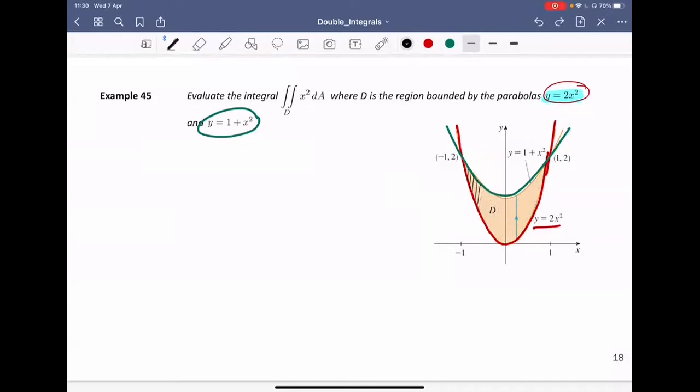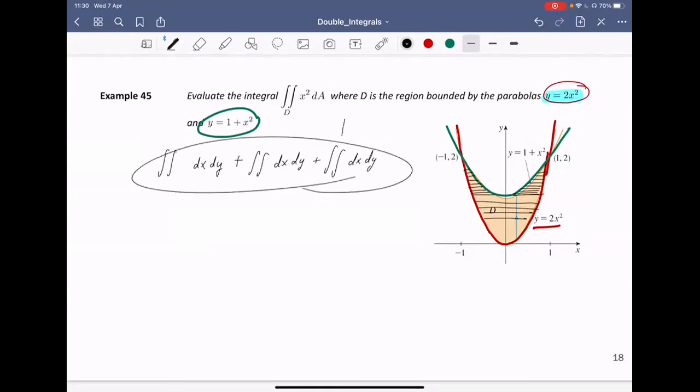But if you draw a horizontal line, you see what happens. Red to green in some parts, but in other parts you have green to red, and then in some parts you have red to red. That means if you choose dx dy, you're going to have 3 integrals. You have to split into 3 integrals and then add them up together, which is a terrible choice.